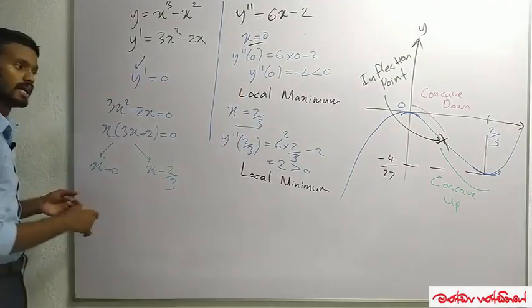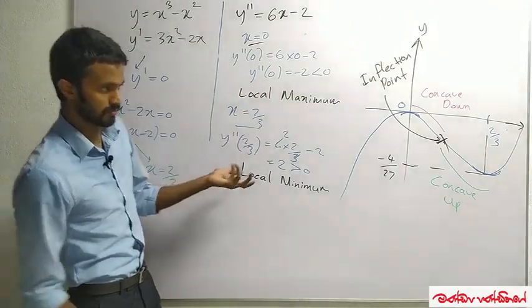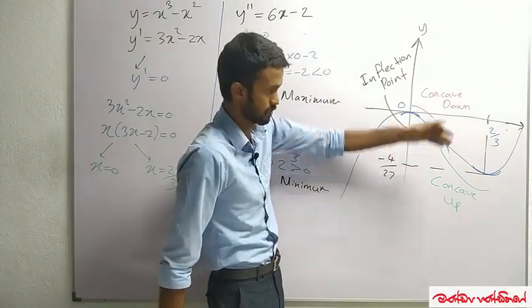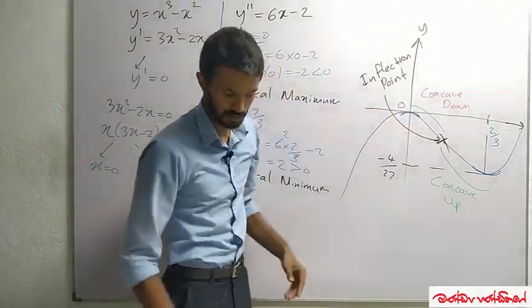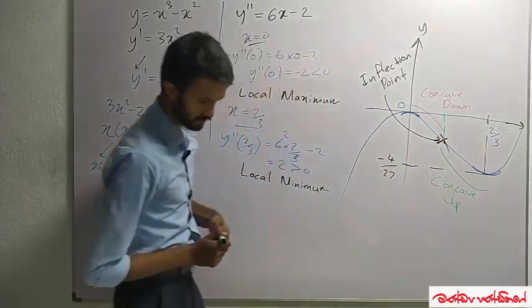But at this one, I didn't get an inflection point. I only got a local maximum and local minimum. But according to the definition of the inflection point, it is clear that there's an inflection point here.